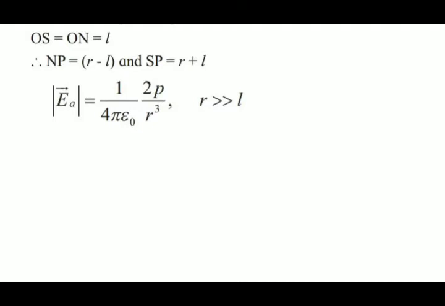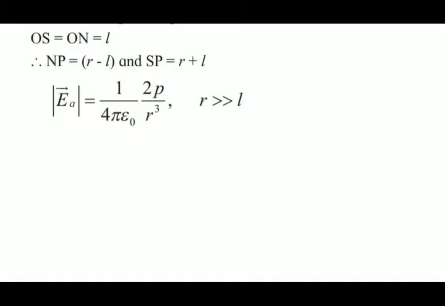1 upon 4 pi epsilon naught is the constant. In the magnetic field, this constant is replaced by mu naught upon 4 pi. 2 is a digit, so it will remain the same.